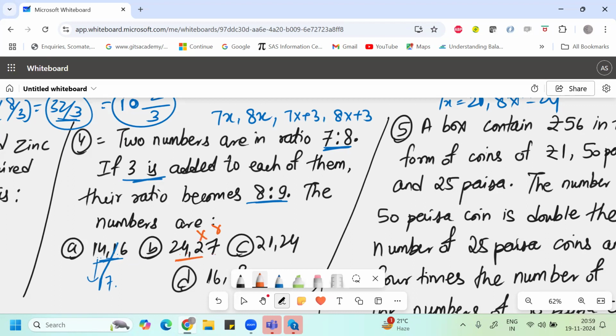So this cannot be the answer. This is 21, yes, this is 7 is to 8. If you add 3 to this it becomes 24 and this becomes 27. Then it becomes 8 is to 9. This is the answer. Simple. Do it with options and you will get the answer very fast. Clear?